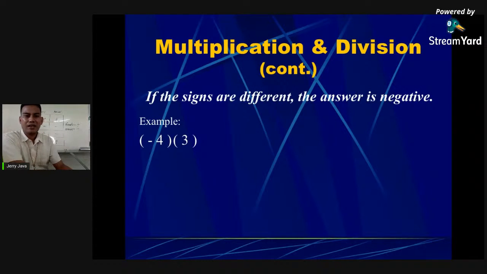You try that. Negative 4 times 3. When there are no operations there, it means multiplication. Remember, I told you this a week ago in order of operations. When there is no symbol there, multiply.